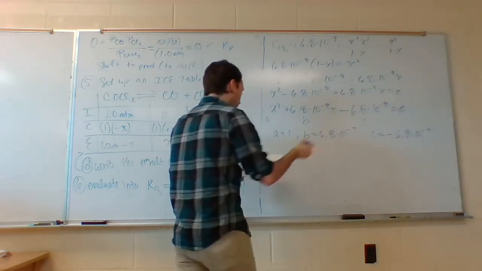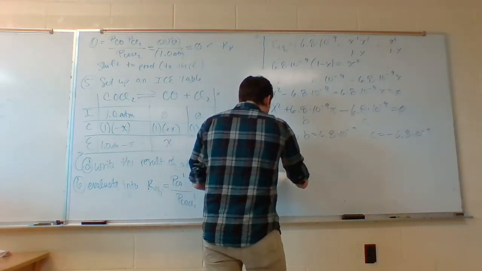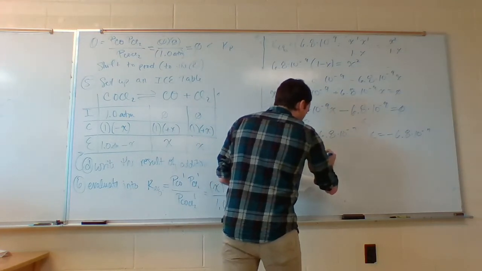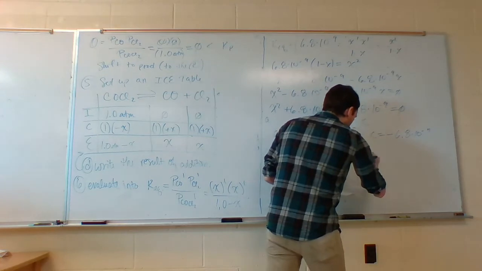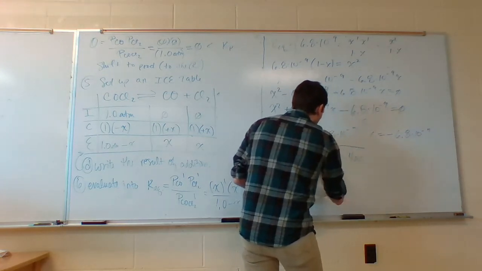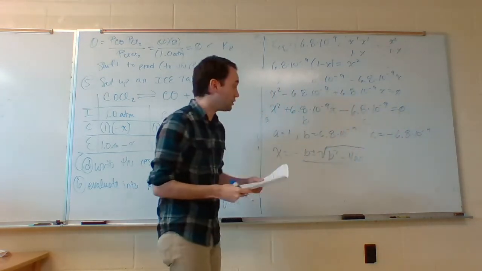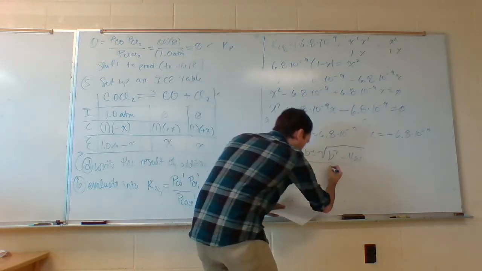I plug that into my quadratic formula, which is x is equal to negative b plus or minus the square root of b squared minus 4ac, all over 2a. This is covered in every high school algebra class in the country, so you guys should be able to do this pretty quickly.